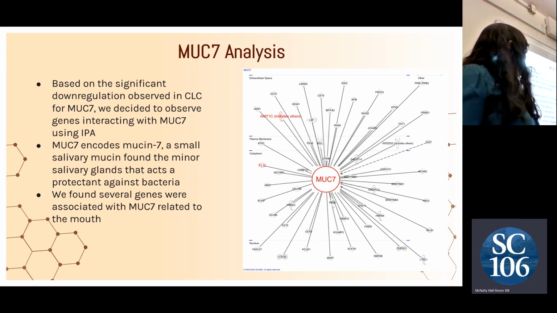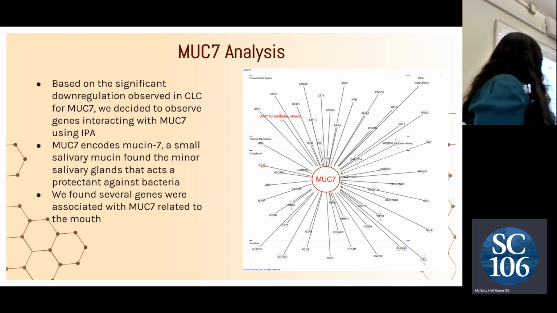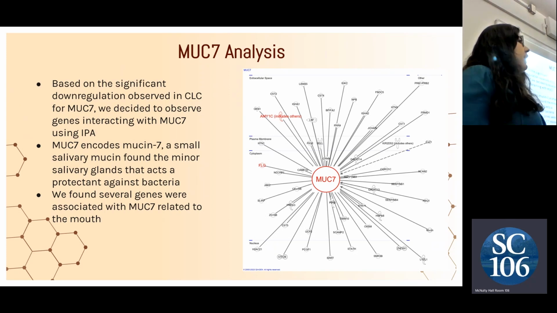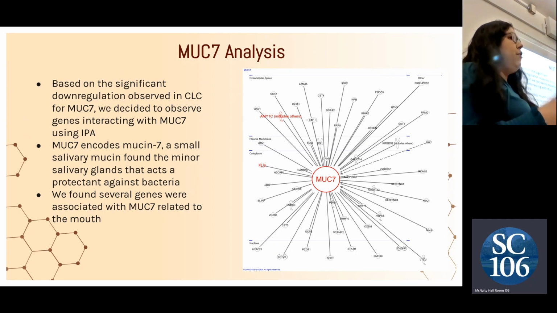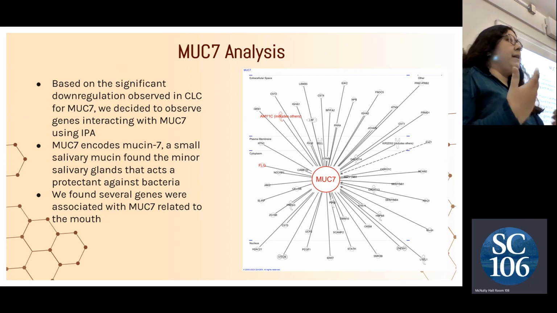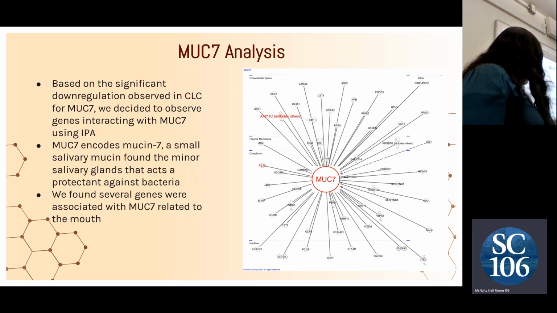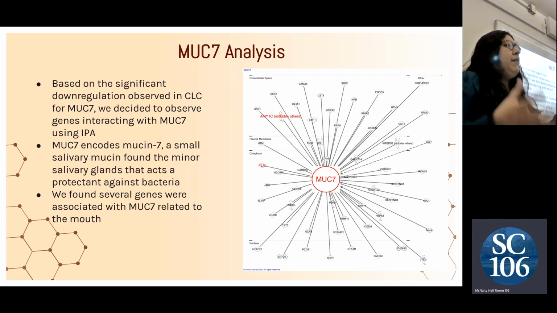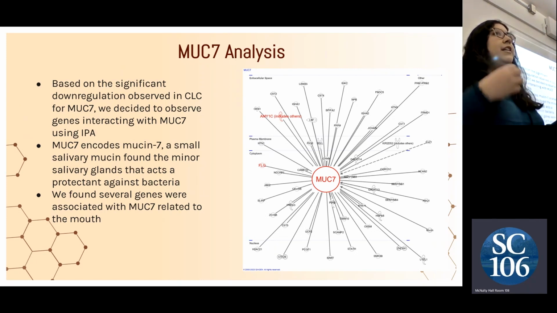Two examples I wanted to highlight here: in the extracellular space, we have AMY1C, a gene that encodes for an enzyme that helps in protecting against bacteria in the mouth. And in the cytoplasm, we have FLG. While this isn't restricted to the mouth necessarily, it does assist in epidermis development.